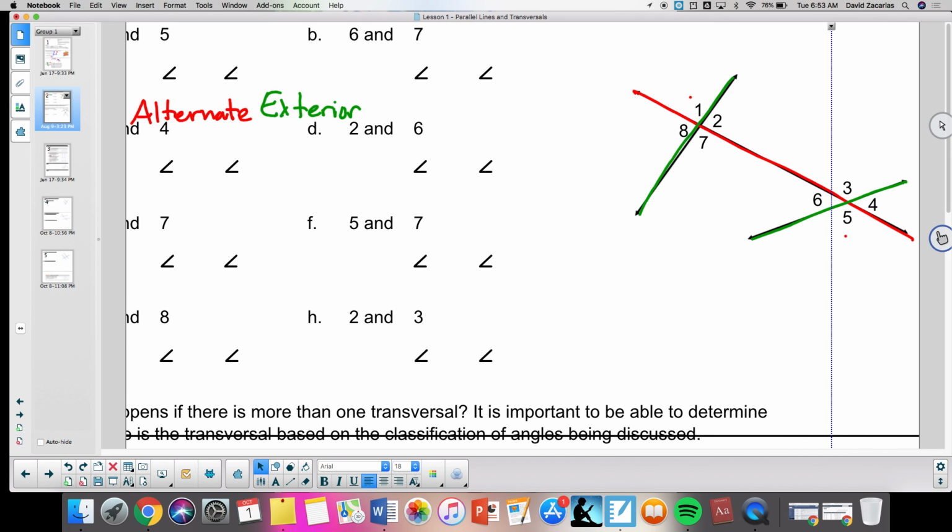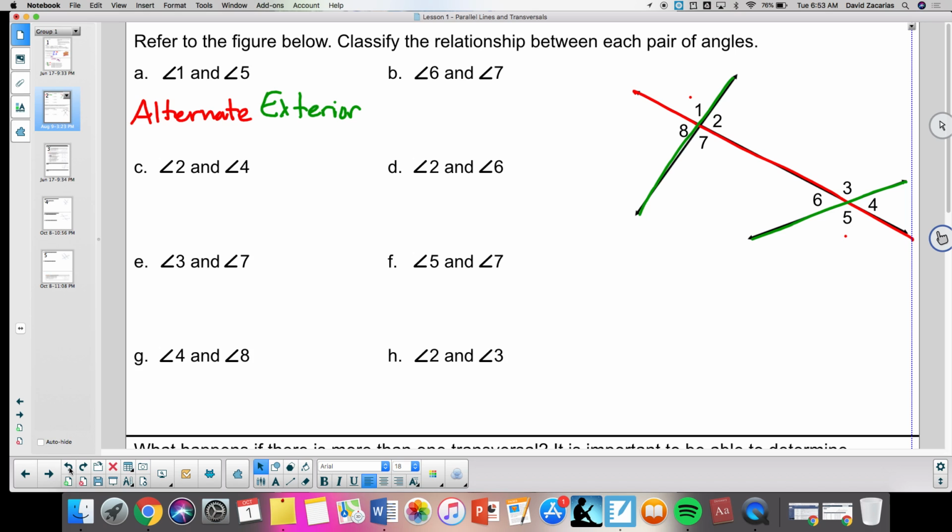Sorry. Whoa, my bad. Never mind. All right, now the next one, 6 and 7. So angle 6, angle 7. Notice those are on the same side of the red transversal. And notice they're in between the green lines, so we would call those interior.